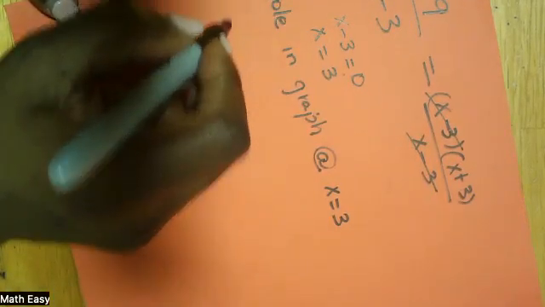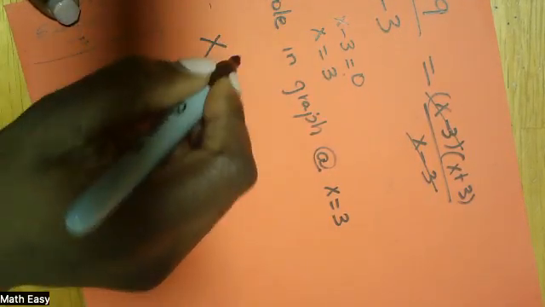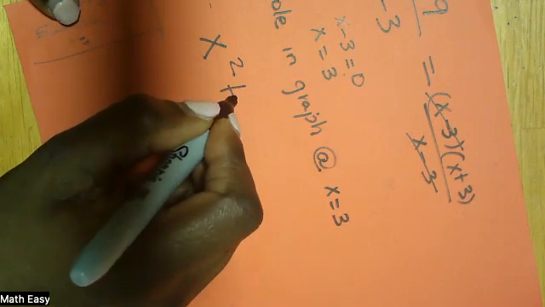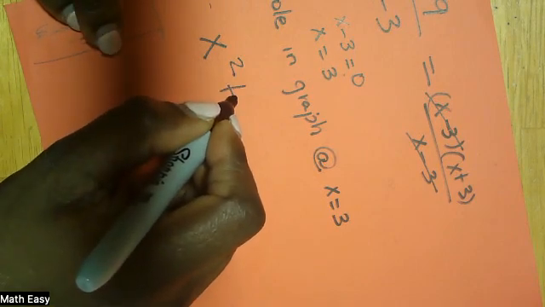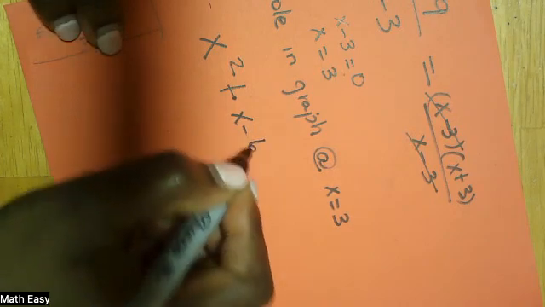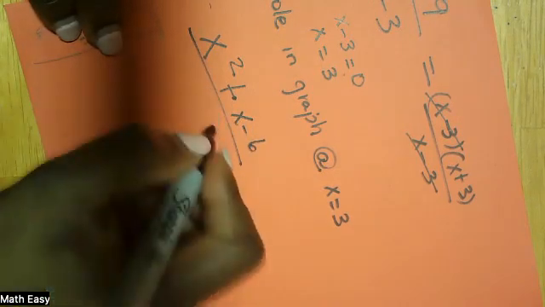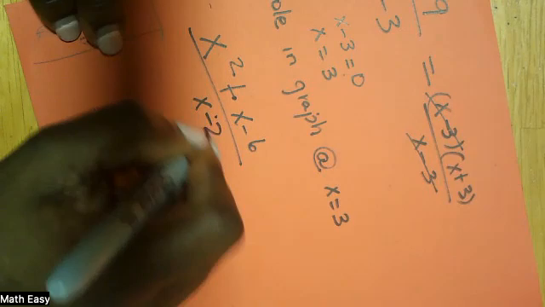One more example. We have x squared plus x minus 6 over x minus 2.